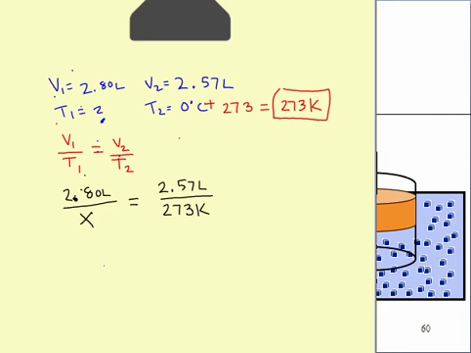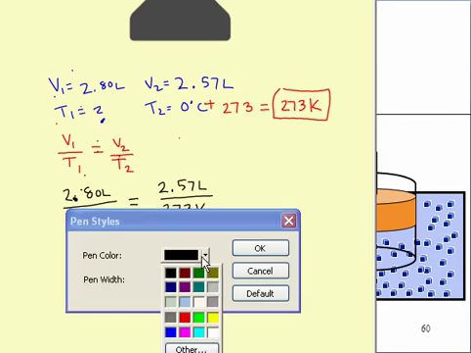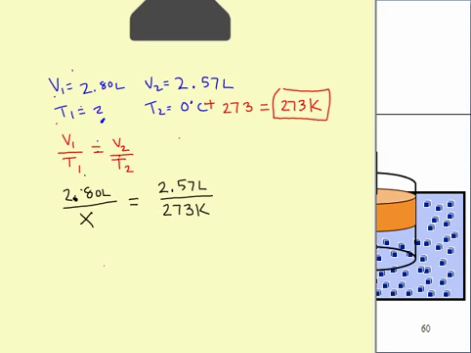Okay, now I'm going to solve this using Math 060 math. So if you are proficient at algebra and you want to solve this your own way, go ahead and solve it however you see fit. If you're a little unsure of how to do this, you can always use the Math 060 method, which is to cross multiply.